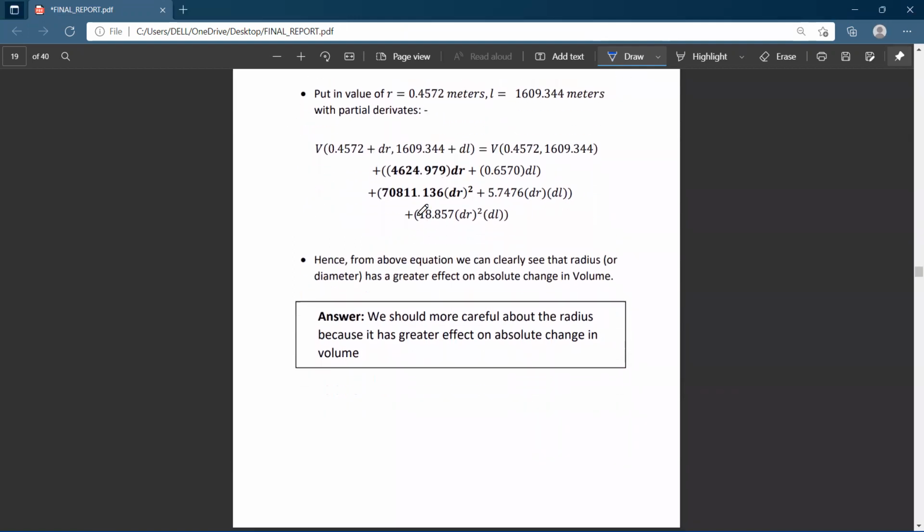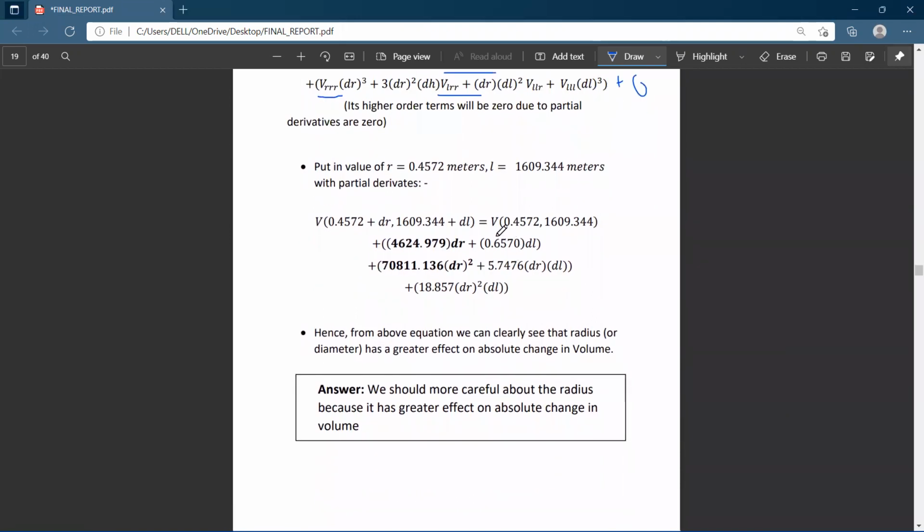Here we can clearly observe that this is the main value. These are all the terms which make changes in the value of V when we increase the radius by dr and length by dl. The terms multiplied with dr contribute way more than the rest of the terms, which are 0.67, 5.7476, and 18.857.